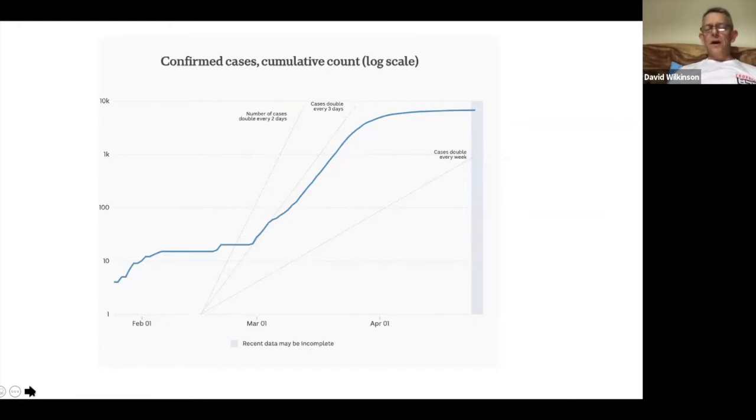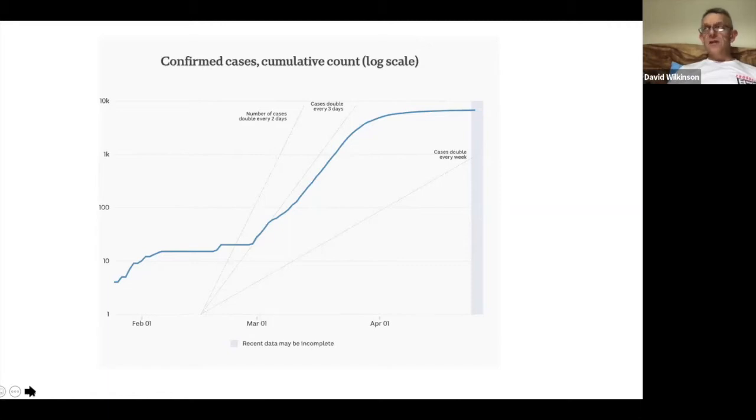So for all intents and purposes, this phase of the epidemic in Australia is now essentially over, in inverted commas. It doesn't mean the epidemic as a whole is over, but this initial acute phase is well and truly under control.